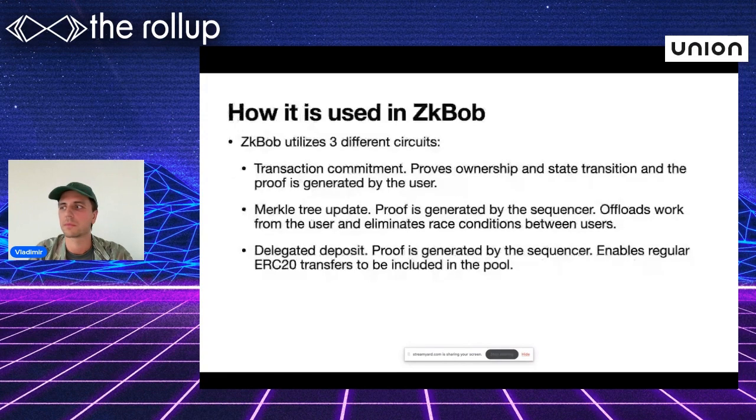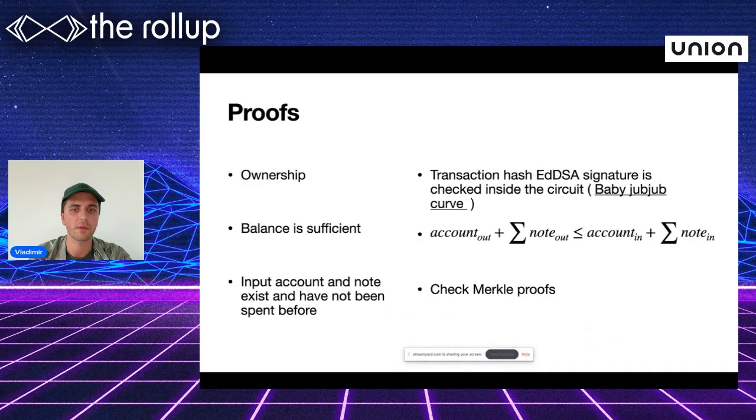A couple more words about how it is used in zkBob, as an example of a snark-based smart contract wallet. We have the transaction commitment, which basically has all the information about the transfer, withdrawal or deposit that the client makes. And inside this circuit, we do several checks.